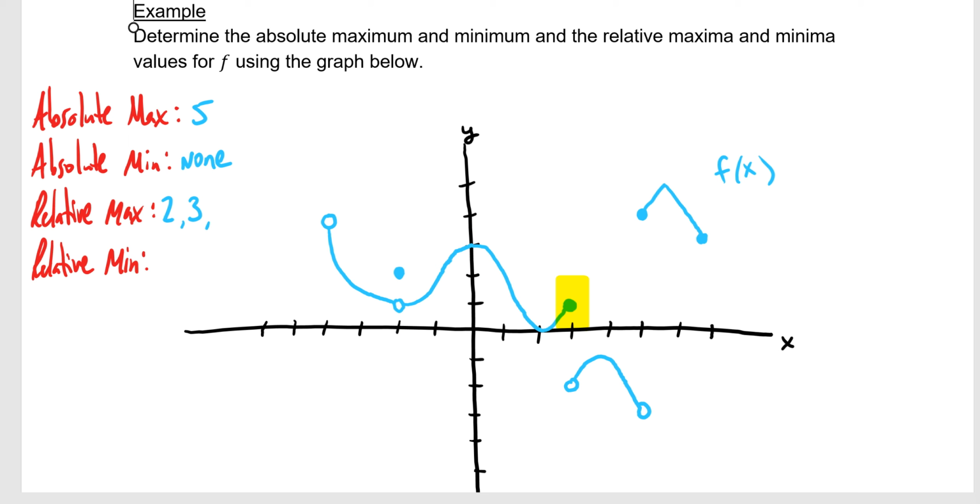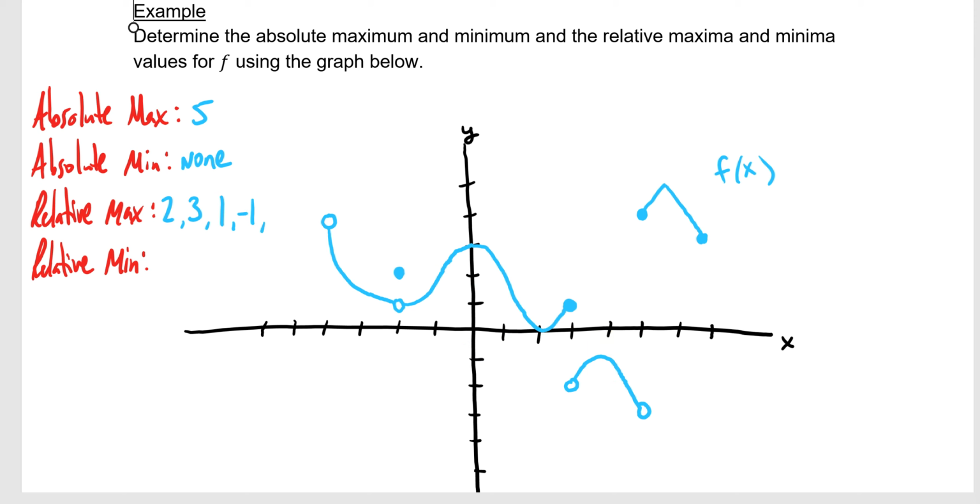If we think about the definition, this point is larger than the point directly to its left and directly to its right. Because it's a filled in circle, that means that is a relative maximum value, which is the value of 1. And then we keep on scanning. It looks like there's another one right here, and that's going to be the y value of -1.